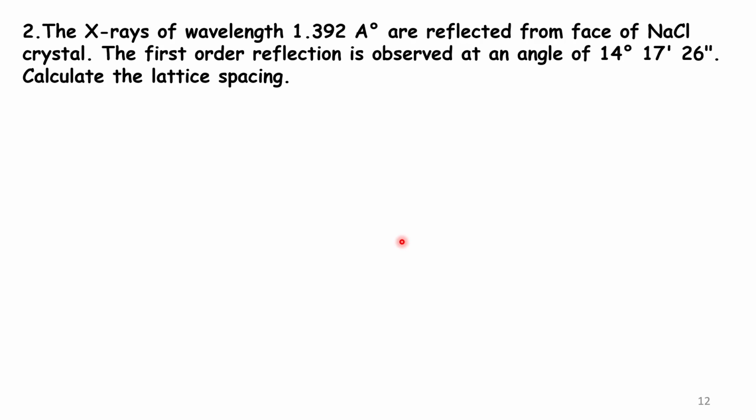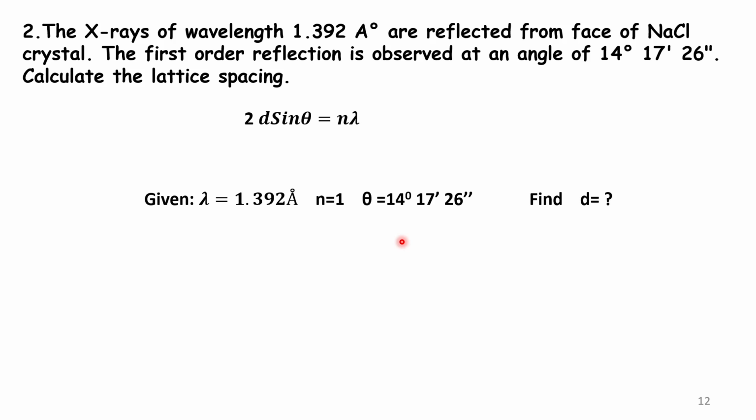Now see here in the second problem, X-rays of wavelength 1.392 angstrom unit are reflected from the face of the NaCl crystal. The first order reflection is observed at an angle 14 degree 17 minutes and 26 seconds. Calculate the lattice spacing.